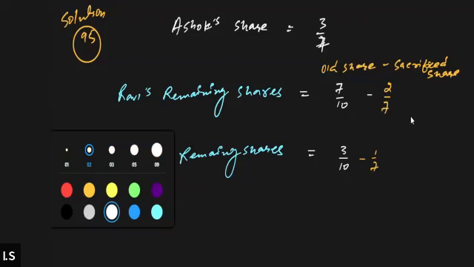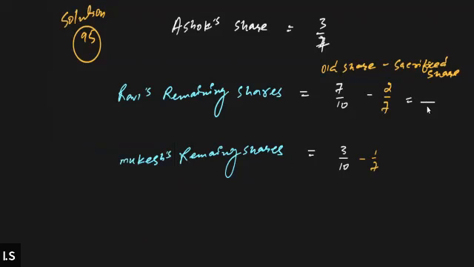Now we can subtract. For that purpose, we will have to take the LCM 70, then 49 minus 20, that means 29/70. Is it right? Yes or no?